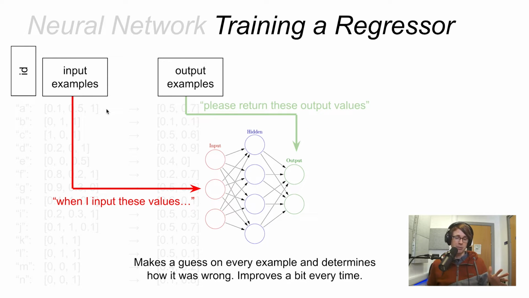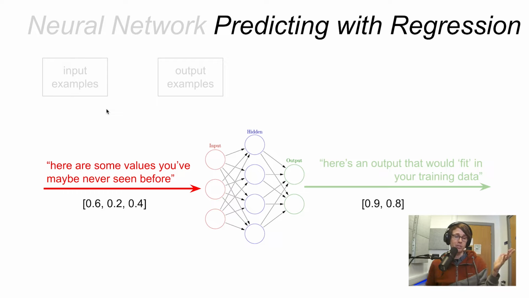So after this training is complete, we're then able to show it some values that it has maybe never seen before. And it's able to respond with an output that, although it is not an example that I showed it, would fit inside of the training data that I did train it on.